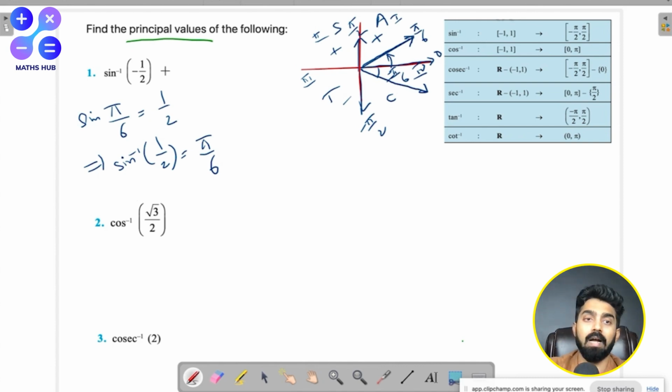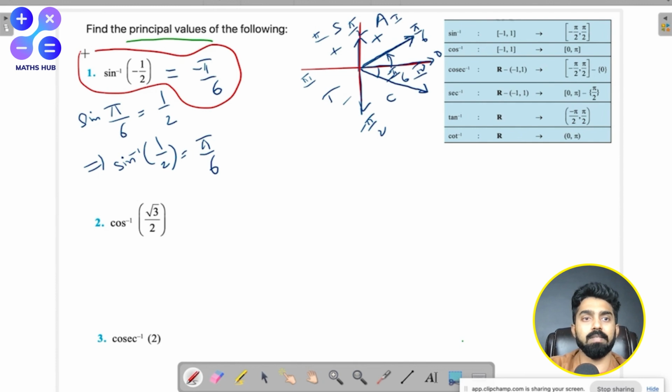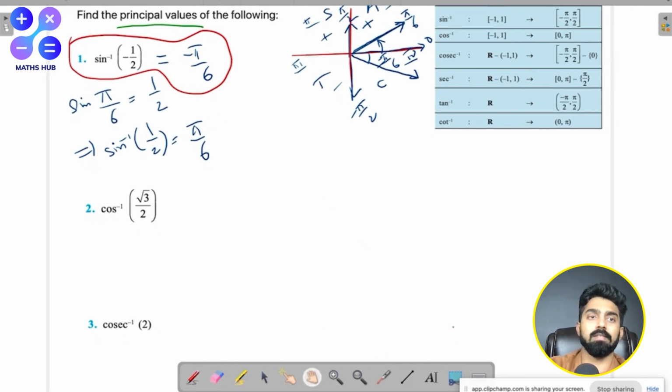So the answer would be minus pi by 6. That's an interesting way to get the answer, right? So sine inverse of minus half will give you minus pi by 6. You need to think through the problem in a clear and concise way, such that you can get to this very logically, right? Now we need to find cos inverse of root 3 by 2.